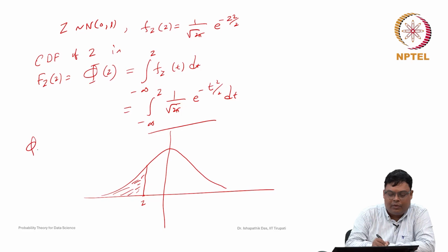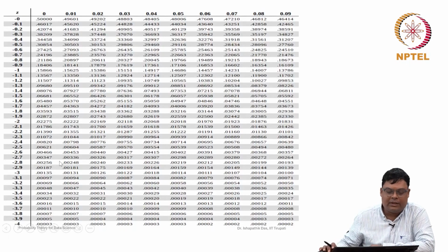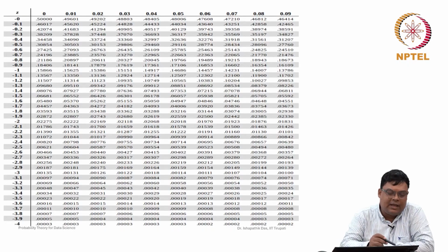So, how can you use this table? Suppose you want to find the value at minus 1.2. You can see that this area is given here, and this value is minus 1.2. So, this probability will be 0.11507.